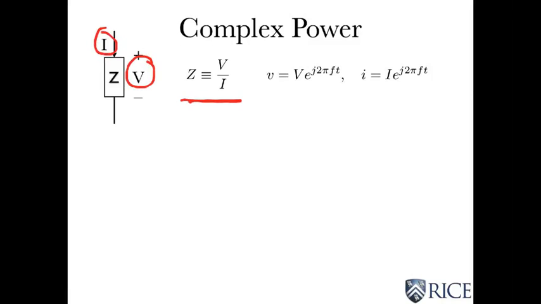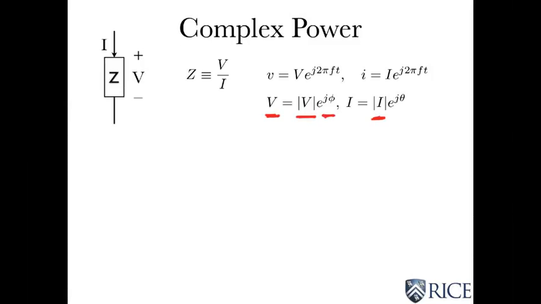And now what I do is a power calculation. So I'm going to do this in general. I'm going to assume that the complex amplitudes have a magnitude and a phase for both the current and the voltage.